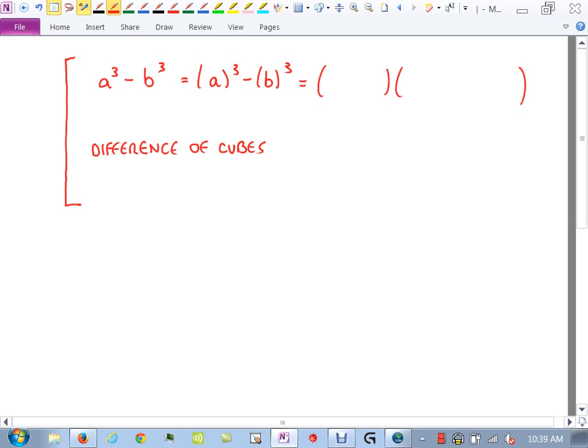In sum of cubes, the first thing we had was A plus B, right? Here we have A minus B instead. So I will just highlight the differences, okay? The minus instead of the plus from the previous formula. Then in the other formula, we had A squared, then minus AB. It's actually now going to be plus AB.